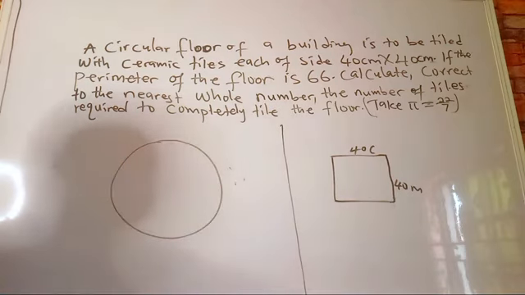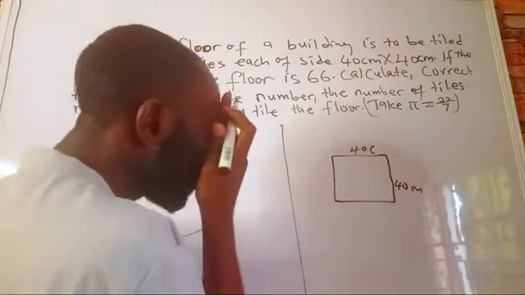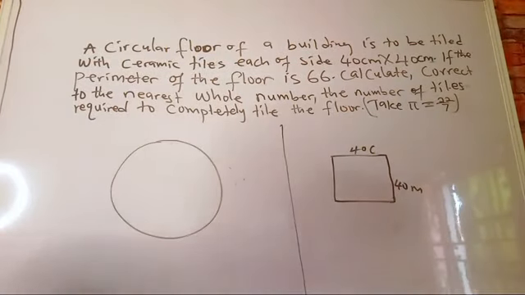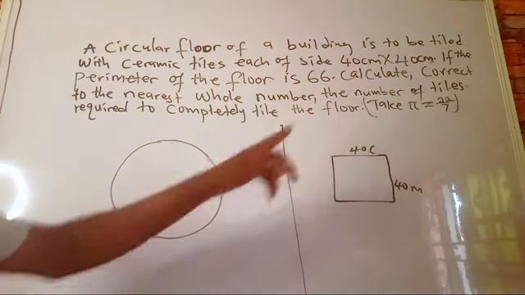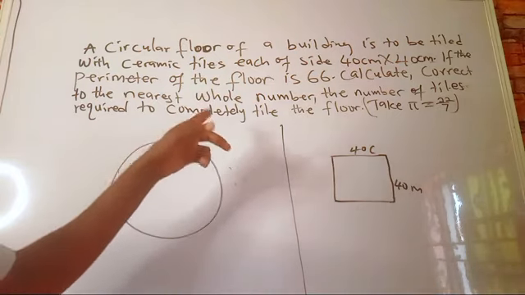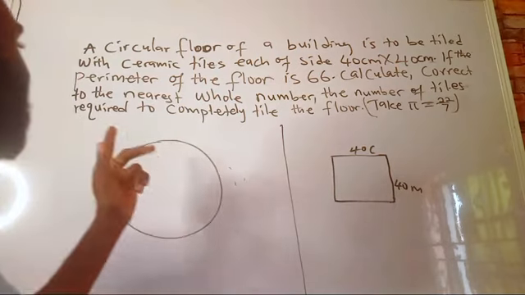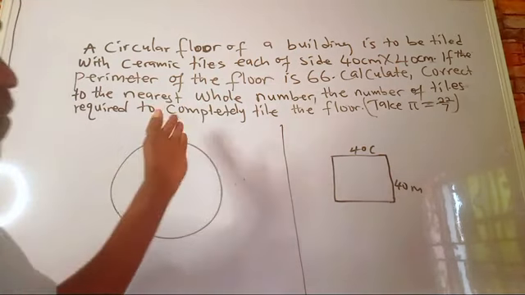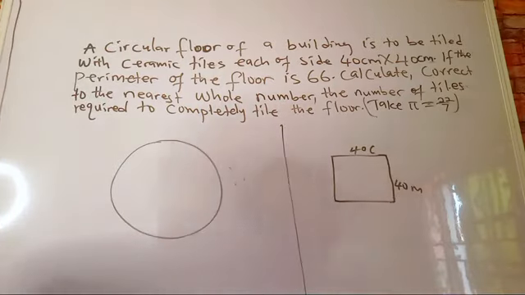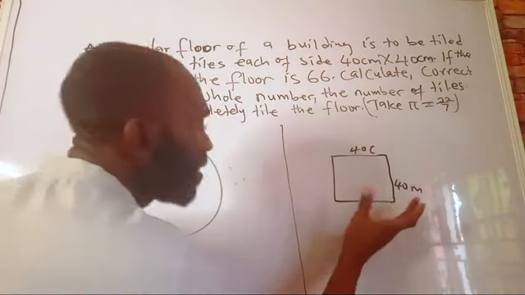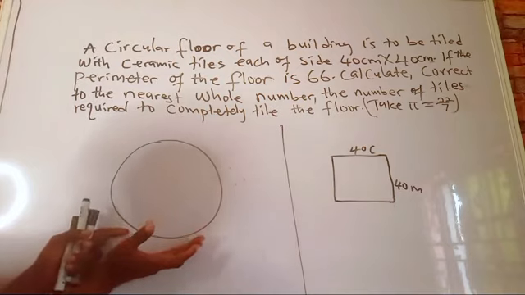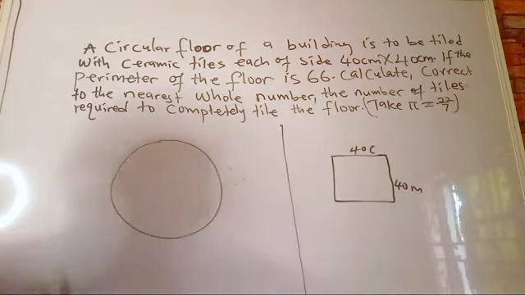Now the question says to calculate, correct to the nearest whole number, the number of tiles required to completely tile the floor of this building.